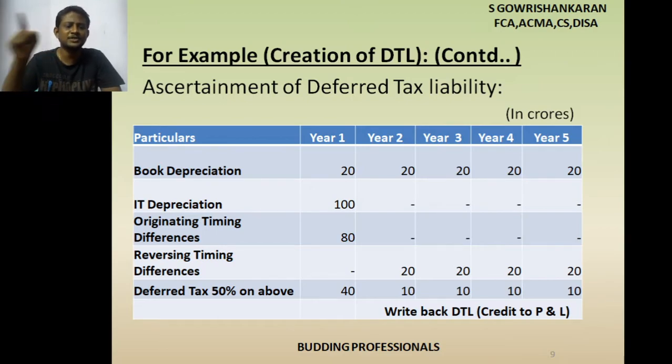On which how much would I have paid tax? 40 crore I would have paid, but I did not pay any tax in the first year. Why? Because of the timing difference. Now I am just adjusting the timing difference. How am I adjusting? 40 crore liability I am creating. 40 crore I am debiting to the P&L account, creating it as a deferred tax liability in the first year. Now I will go back to the previous slides.